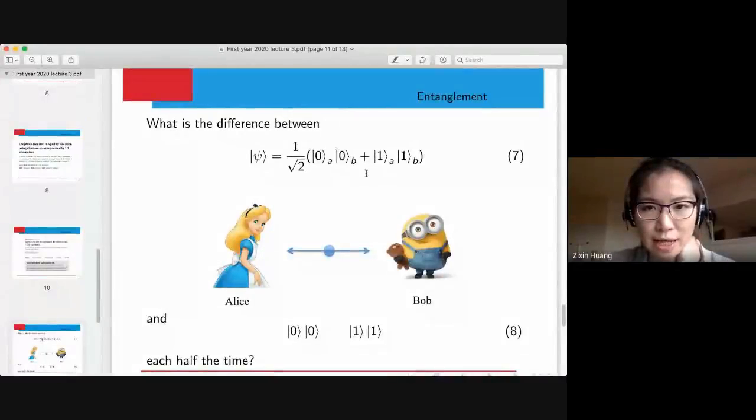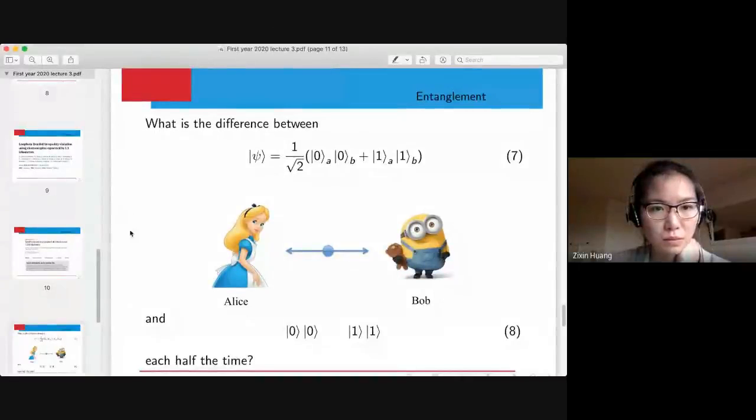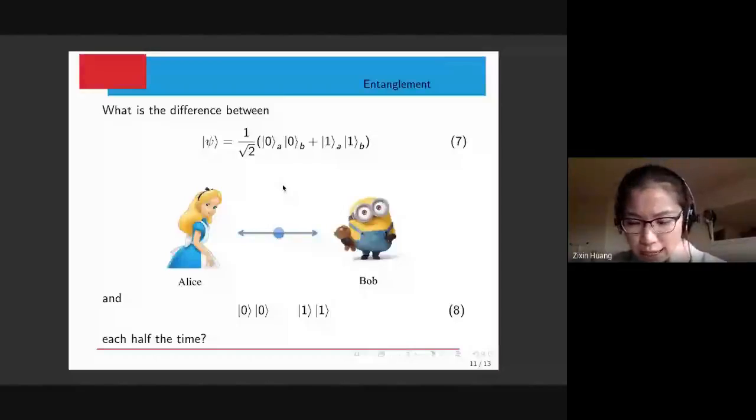So, as I was saying before, these two qubits, one of them belongs to Alice and the other one belongs to Bob. This state here belongs to Alice and this state here belongs to Bob. Entanglement dictates correlation between the states possessed by two parties.